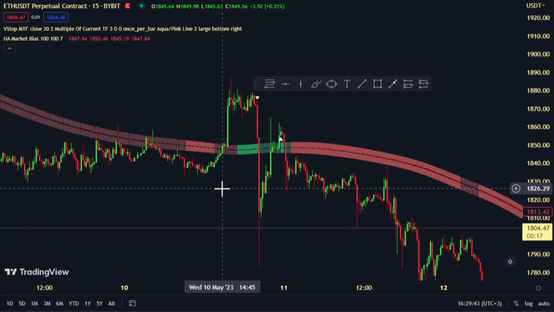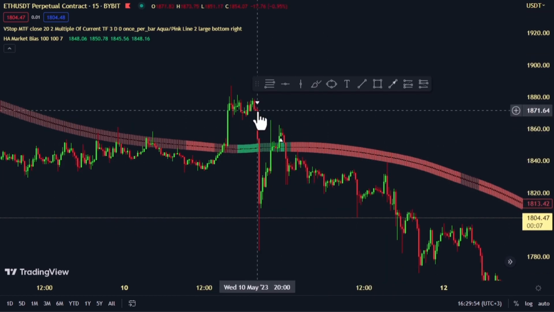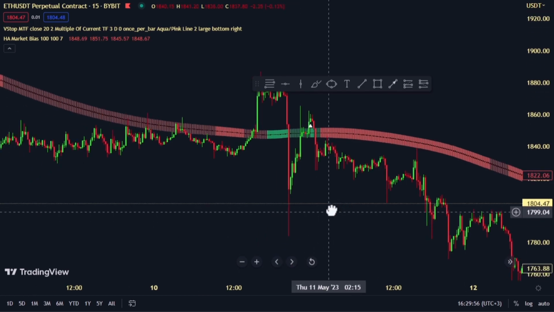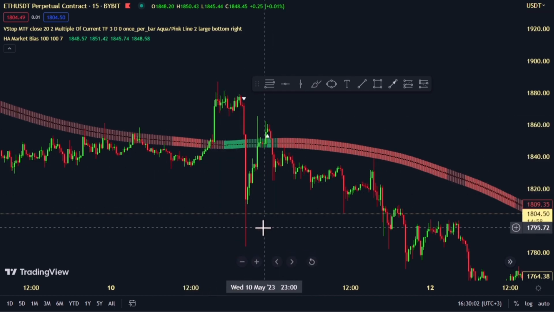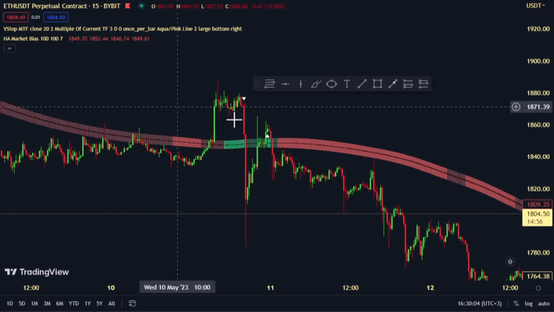So if they are not all in the same color, same criteria, do not take the trade. Especially here. Maybe you ask yourself, if I took a short trade here, it was a successful one, but you didn't know that we call this market making, or let's say stop hunting candles, or liquidity trap candles, or you can call it whatever you want.